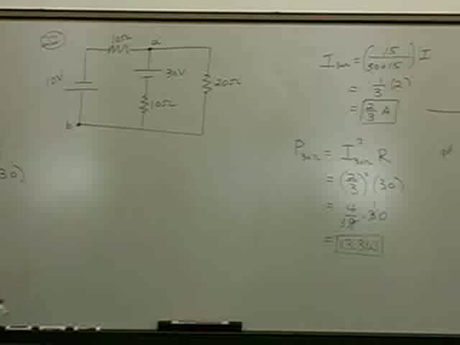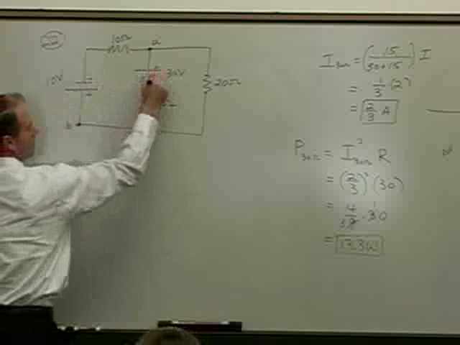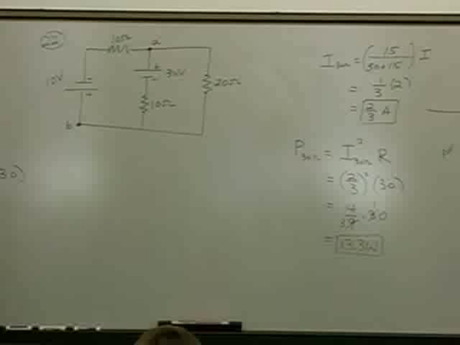Well, I'm going to approach it in the same way. I want to find the current so that I can actually walk my way from B to A and find the voltage. So first thing I'm going to do is mark batteries and assume current directions.